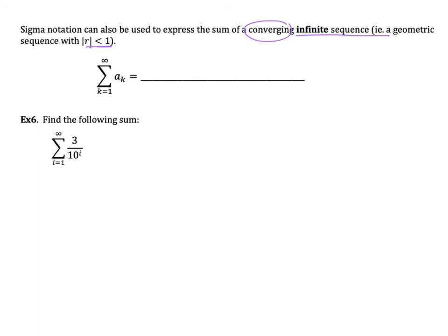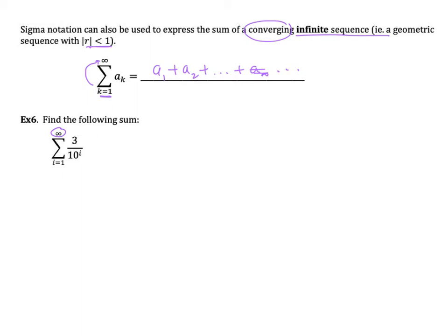If we have an index and then it's going to infinity, that just means you're going to add all of these terms together. Actually, I shouldn't even have an end point there. You can just put plus dot dot dot, right? It's never going to end. So find the following sum.